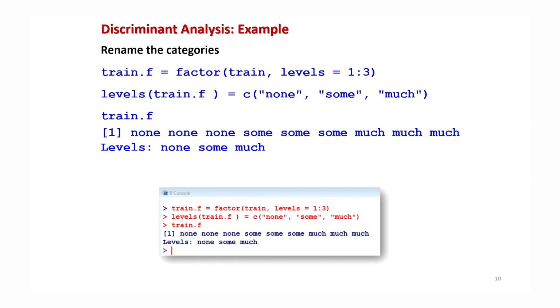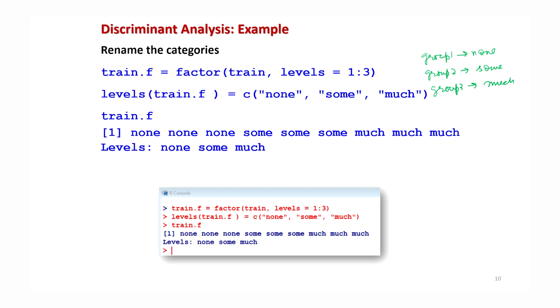So we give the categories some names. For example, group 1 will be called none, meaning no training. Group 2 will be called some, meaning some training has been given, and group 3 will be called much, indicating that a lot of training has been given.